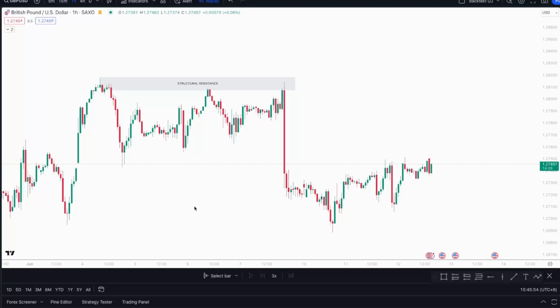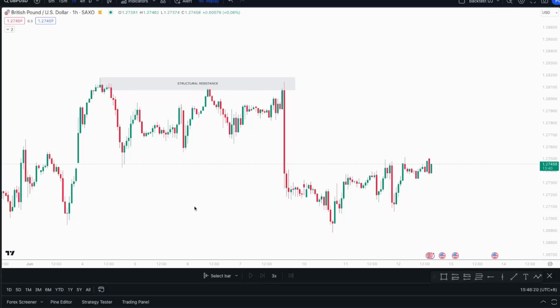Lastly, please remember, guys, that support and resistance is always going to be an area. It's never going to be one precise line. So you need to give yourself some breathing room, or give price some breathing room. It is impossible to narrow down support and resistance into one line, because price just doesn't react on one particular price value.